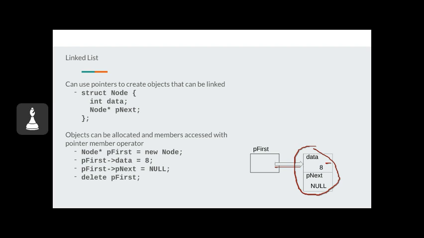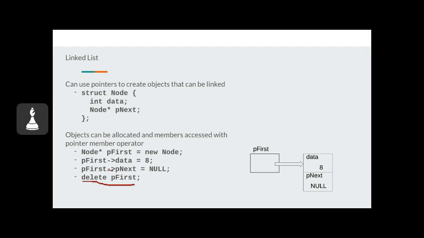The 8 goes here. We take null and store it in the next part of pFirst, so the null goes here. This is how we access data members of an object through a pointer to that object, using this pointer member operator. And don't forget, when you no longer need that object, be sure to free it up. We use this version of the delete because it's a single object.